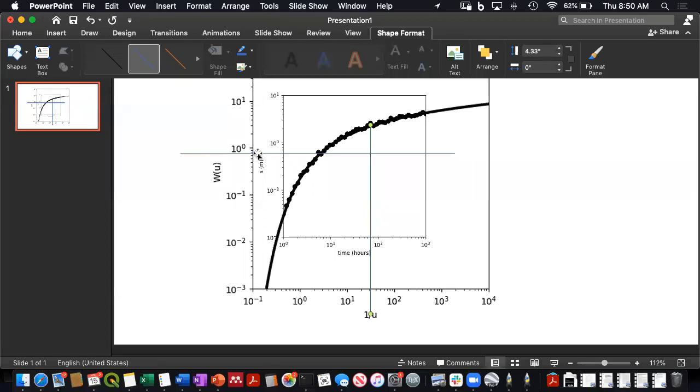All right, so as an example here, using this match point, I come over here, my WU, so this is 0.1, this would be 0.2, 0.3, 0.4, 0.5, 0.6, 0.7, 0.8.